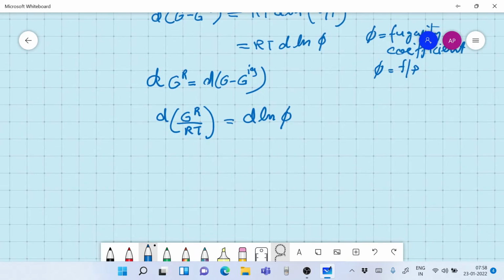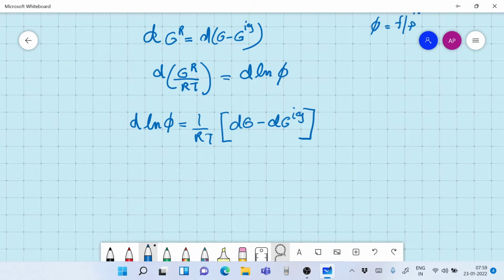Now let's have a look at the LHS of the equation if we want to find out the fugacity coefficient. We get 1 over RT times dG minus dG ideal gas, and we can write it as 1 over RT.